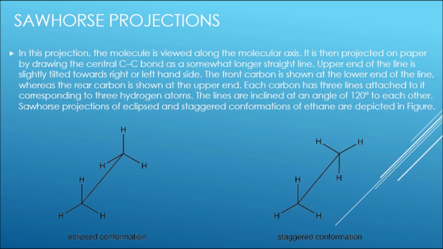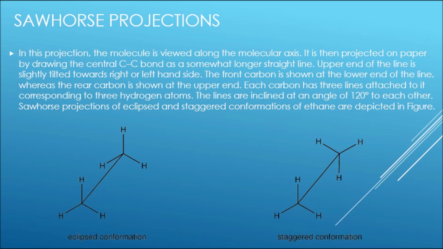The front carbon is shown at the lower end of the line, whereas the rear carbon is shown at the upper end. Each carbon has 3 lines attached to it corresponding to 3 hydrogen atoms. The lines are inclined at an angle of 120 degrees to each other. Sawhorse projections of eclipsed and staggered conformations of ethane are depicted in figure on the side.